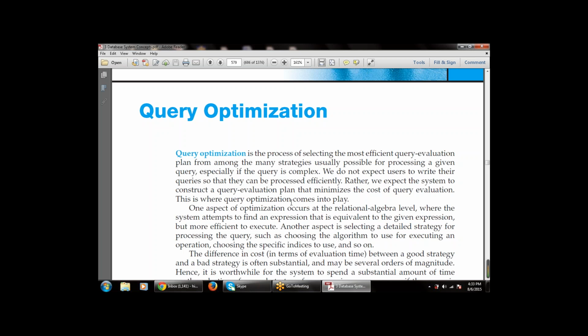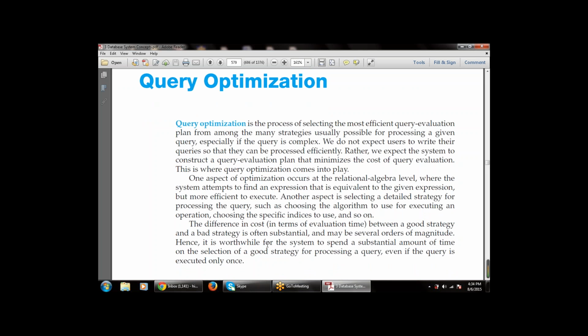The difference in cost between a good strategy and a bad strategy may be several orders of magnitude.